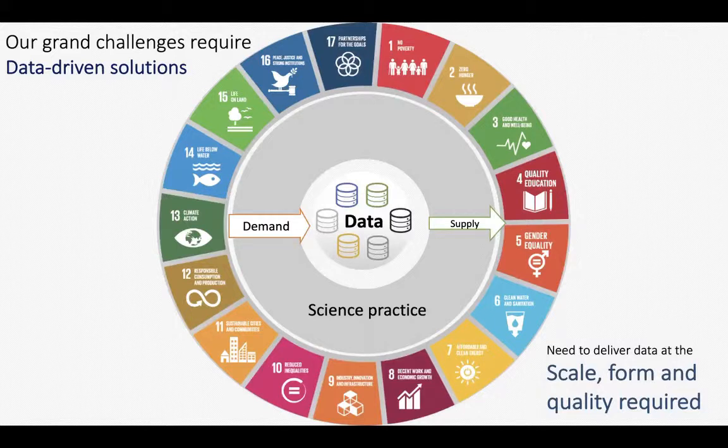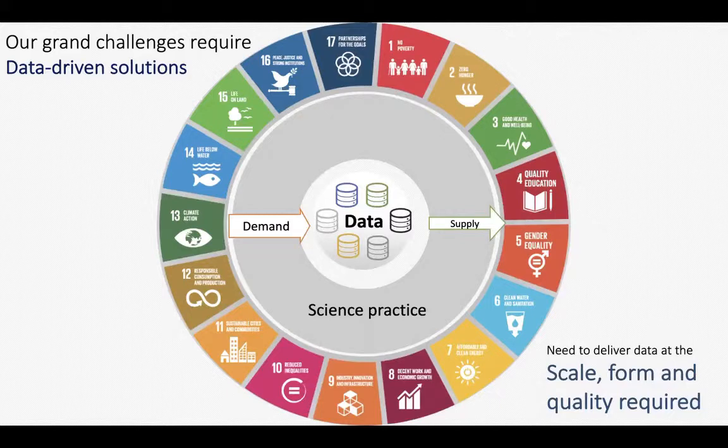And to deliver knowledge at a scale, form, and precision required to address these grand challenges and those associated with the Anthropocene, it's imperative we see scientific practice, the data it produces, and the impact it has as a continuum. So basically a supply-demand chain that is continually updated and analyzed.